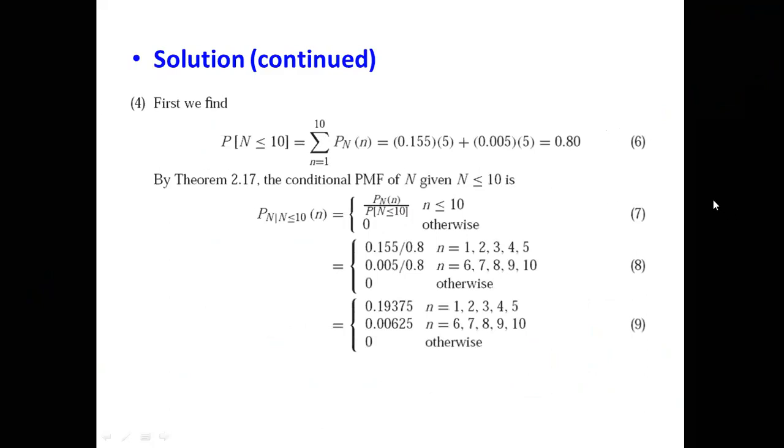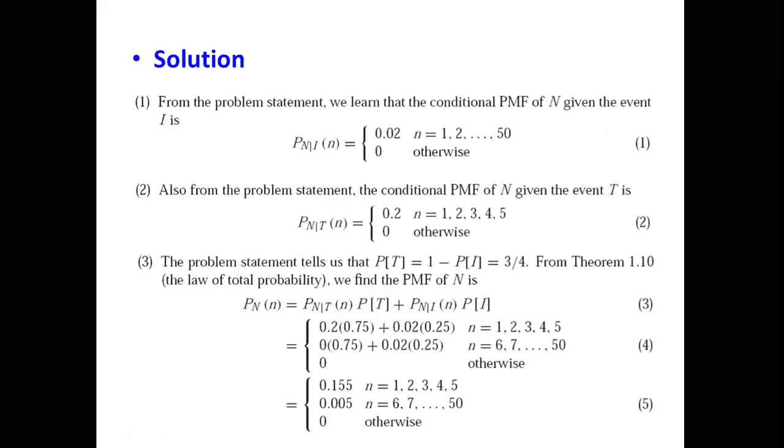Remember one thing. The probability of n we have calculated already, isn't it? This is the probability of n. This is the PMF. We are not actually finding the PMF. We are finding the probability of n less than or equal to 10.